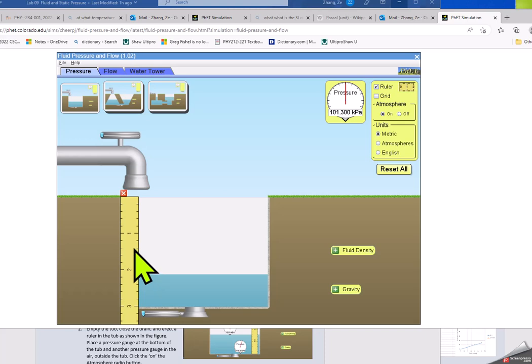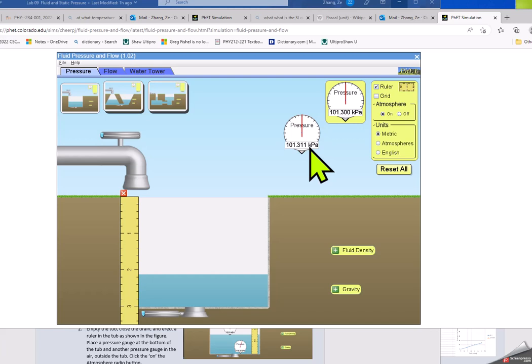Pressure is force, and air is a gas, so it will have pressure on any surface. Then you have a pressure gauge. There's air around us all the time, so you will have pressure. You see there's a pressure gauge in the air, and that reads 101.311 kilopascals.